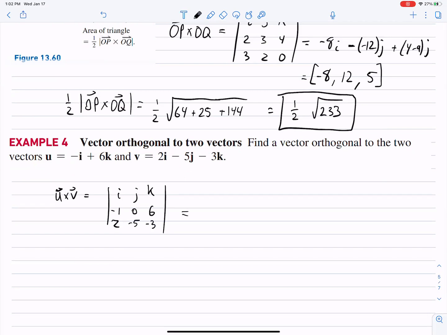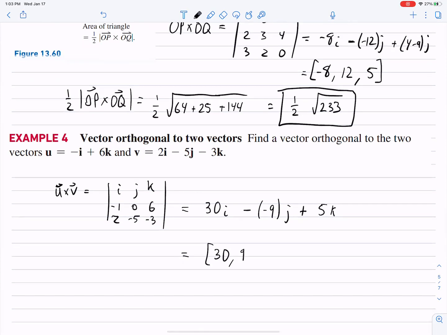So for I, you get 0 minus negative 30, so you get 30I. Minus, if you do J, you get 3 minus 12, which is minus 9J. And then for K, you get 5 minus 0, 5K. And so our vector will be 30, 9, and 5.